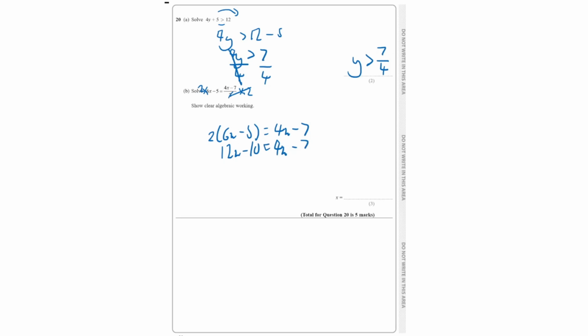Then we bring all the like terms to their agreed upon sides. So that means 12x minus 4x is equal to 10 minus 7. 12x minus 4x is 8x. And 10 minus 7 is 3. We simply divide by 8 on both sides. This cancels out. Therefore, x is equal to 3 over 8.